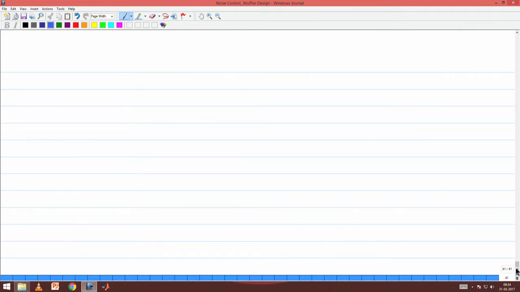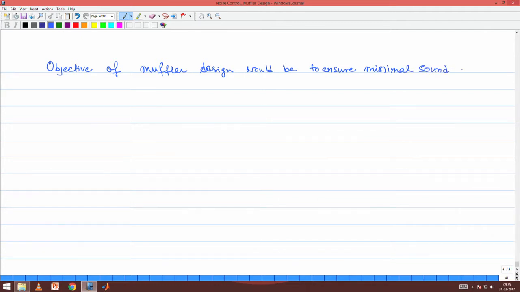Okay. So, the objective of muffler design would be to ensure minimal sound transmission into the atmosphere, right.